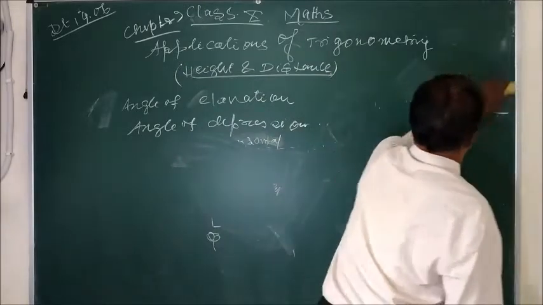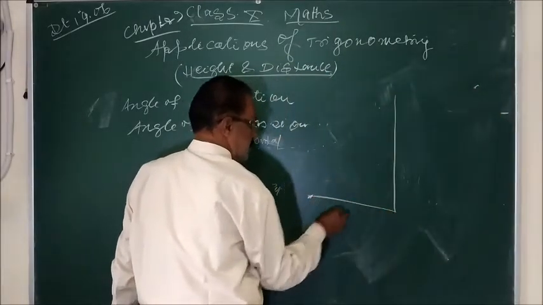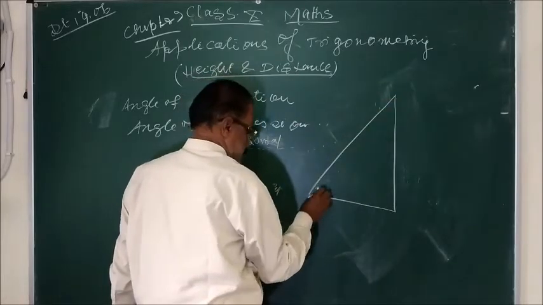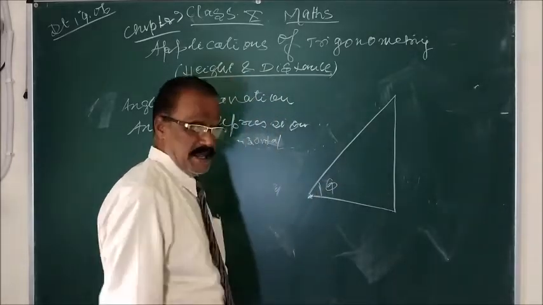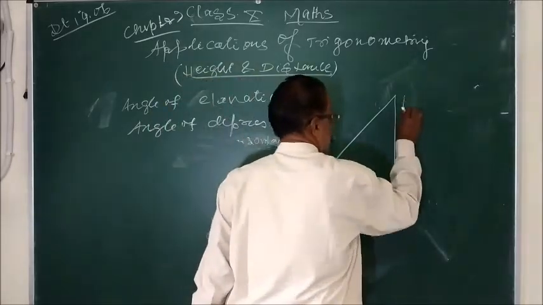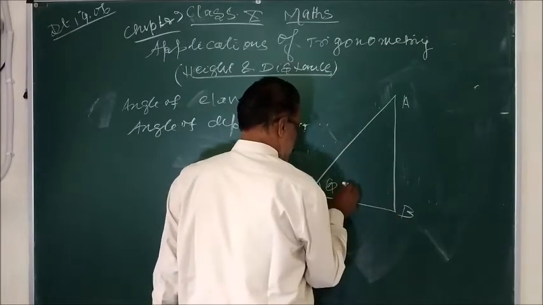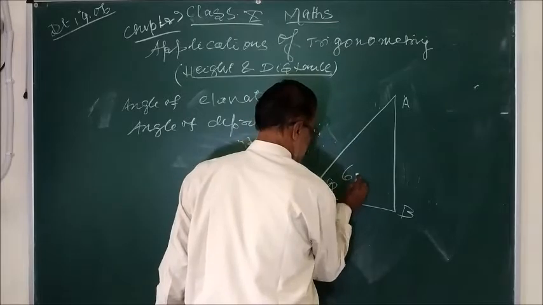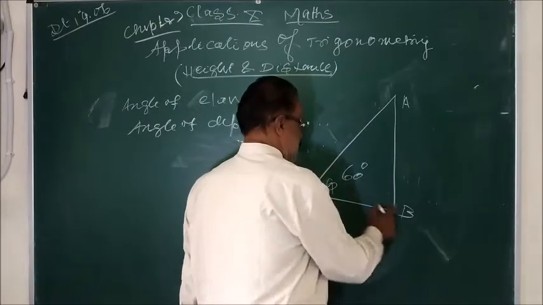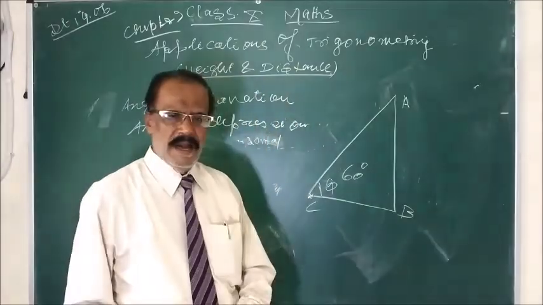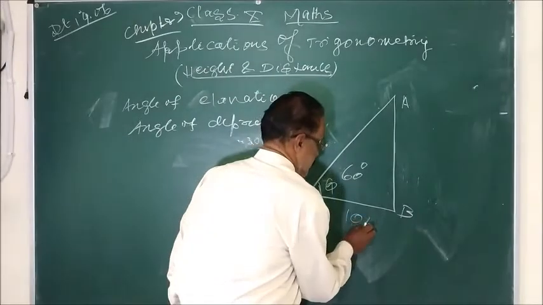Suppose this is a tower and you are here, and the angle of elevation at the point of observation from the base of the tower is suppose 60 degree, and the distance between the base and the observation point is suppose 10 meter.